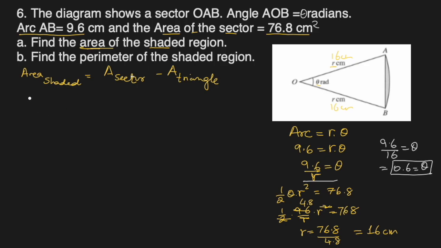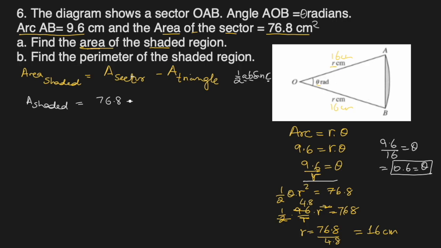Okay, now we can use the method we had discussed. The area of the shaded part, which we have to find, equals the area of the sector, which is given as 76.8, minus the area of the triangle. The area of the triangle is half ab sin C, where C is the angle between sides a and b. So I'll take OA as a, OB as b, and theta is the angle between them.